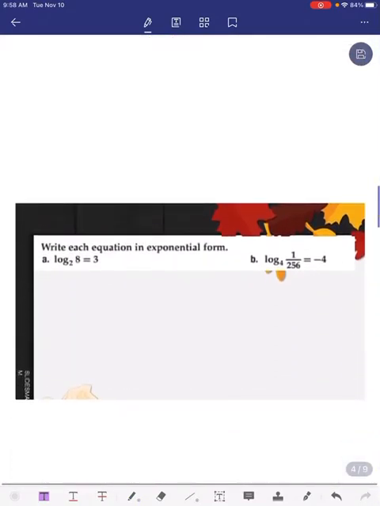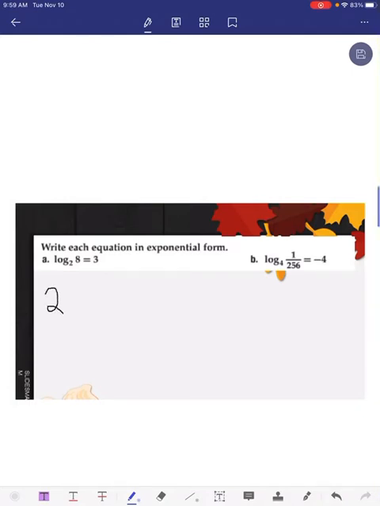So let's do some practice on converting back and forth between logarithmic and exponential form. So this says write each equation in exponential form. So they give it to us in logarithmic form, and they want us to rewrite it in exponential form. So remember, like I said, your base of your logarithm is going to be your base of your exponent.